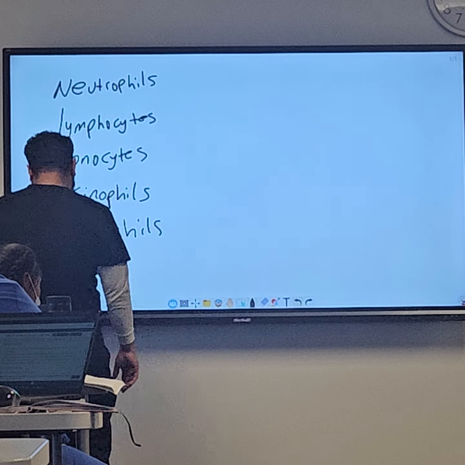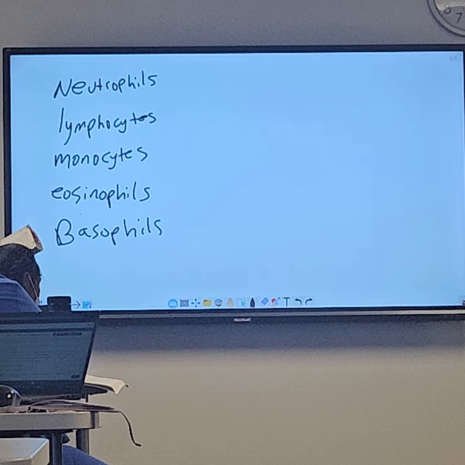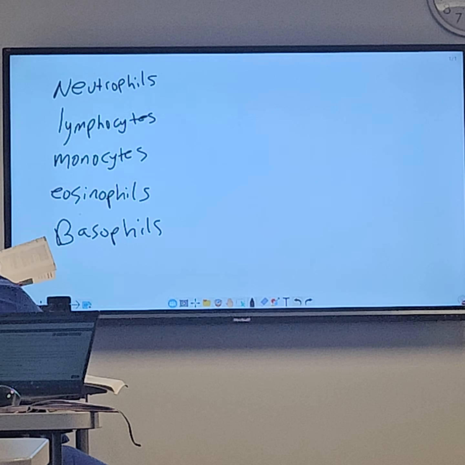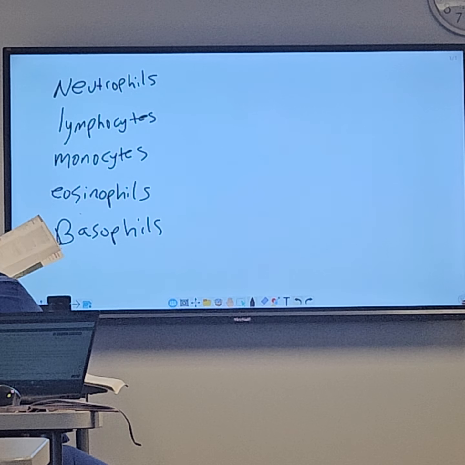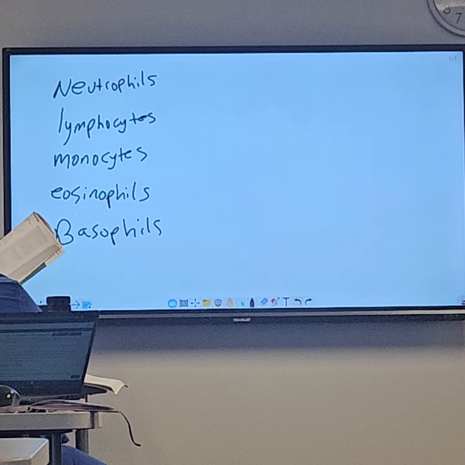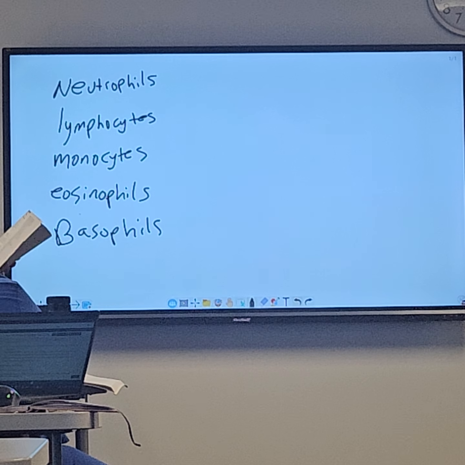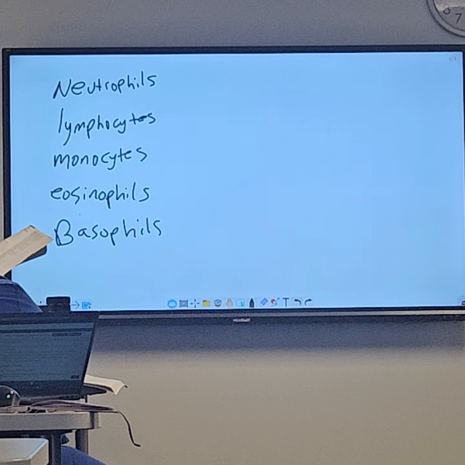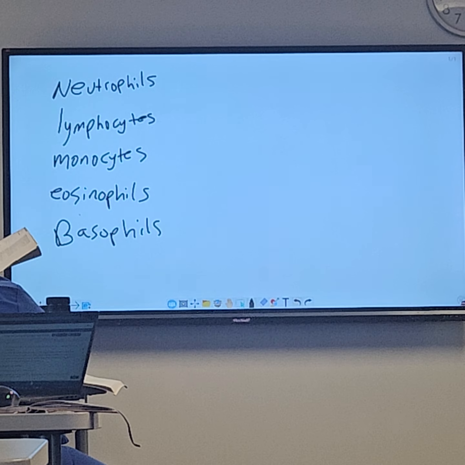Circulating WBCs is a differential which lists percentages of the types of WBCs for a total of 100. The percentages represent the proportion of each type of cell in the sample of WBCs. If the percentage of one type of cell increases, the percentages of other types will decrease accordingly.